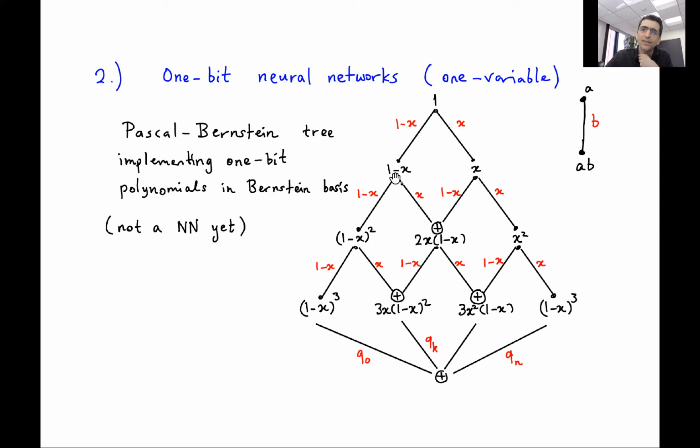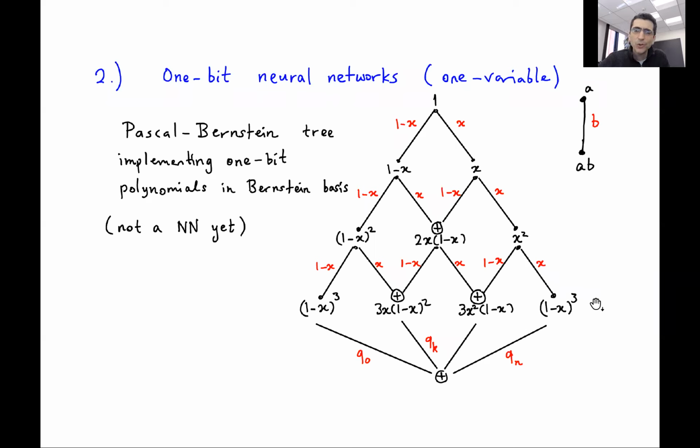So in the 0th layer and then the first layer, we have those two forms, 1 minus x and x. Those are the two linear Bernstein polynomials of order 1. We do this again, but in the middle, where two branches come together, we add them. So the second layer has the Bernstein basis polynomials of order 2. We go down this tree, and then the third layer has all the Bernstein polynomials of order 3.